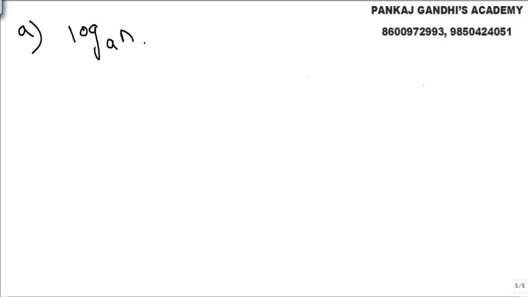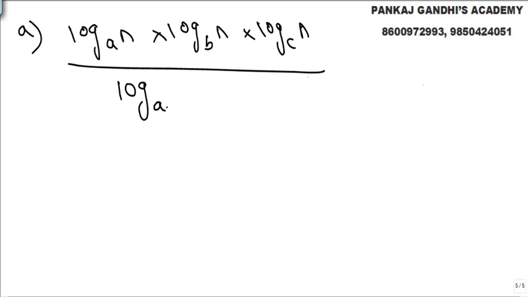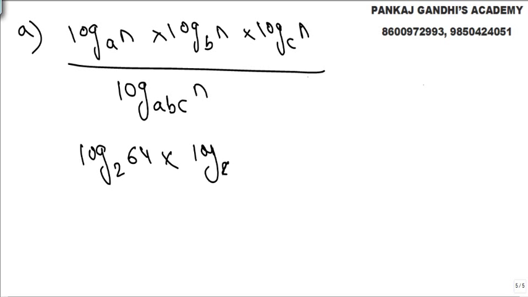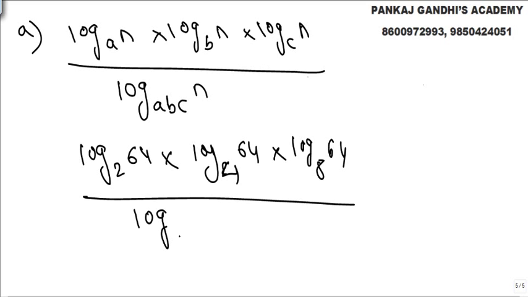Log to the base An, log to the base Bn, log to the base Cn upon log to the base ABCn. Let's try. Put in the same values. A is 2, B we have taken 4 and C we have taken 8. We are trying to see whether it gives me the answer I want. I want 36.